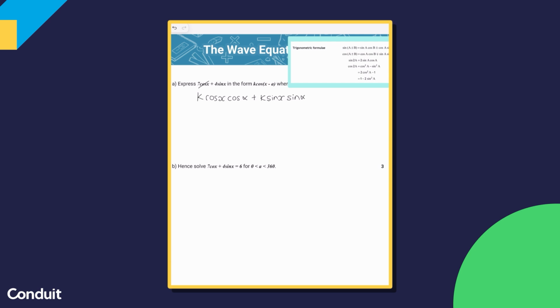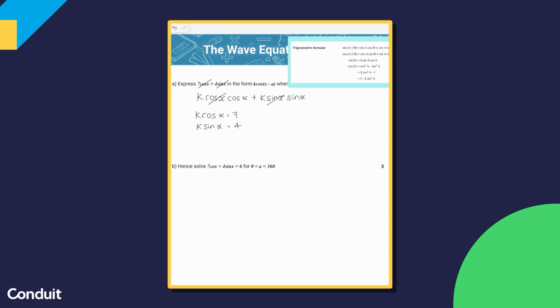So I compare this cos x with this cos x, and that tells me that k cos alpha is equal to 7. If I do the same for sin x, this sin x and this sin x leave me with k sin alpha equals 4.